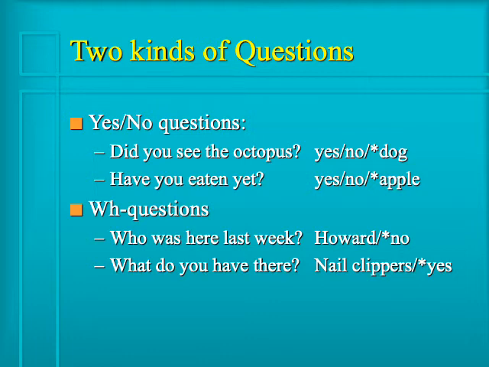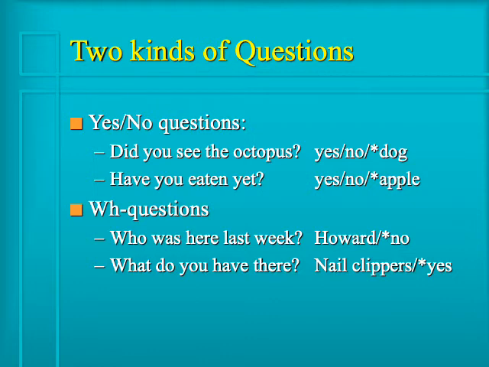The second kind of questions is what this chapter is all about. It's a WH question. So here you answer the question in a different way from the yes/no questions. WH questions always start with WH words like who or what. Who was here last week?